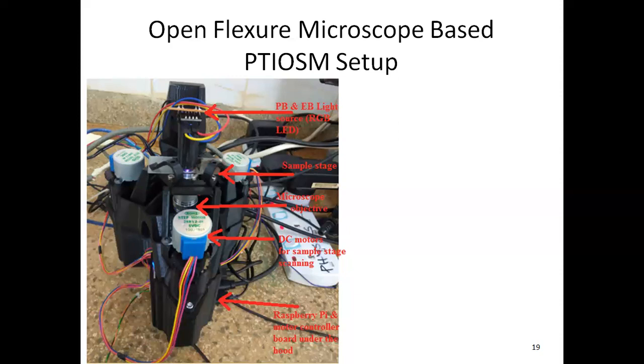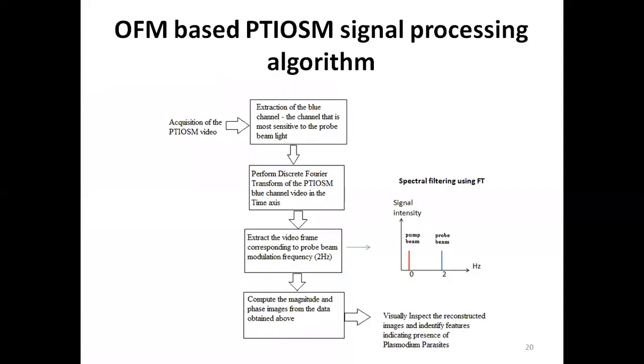Then time-lapse images would be acquired and processed further. So the processing of the microscope images entailed the following algorithm. We would acquire the videos and then transform the video frames using discrete Fourier transform.